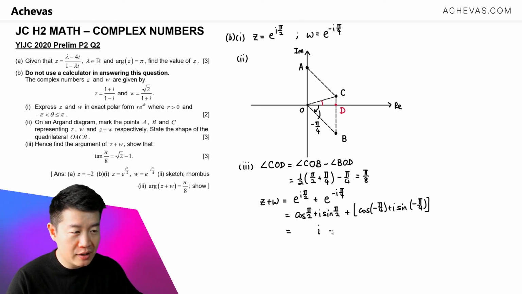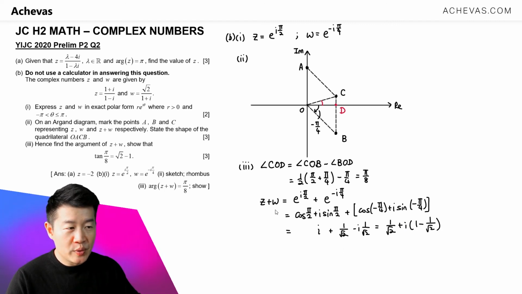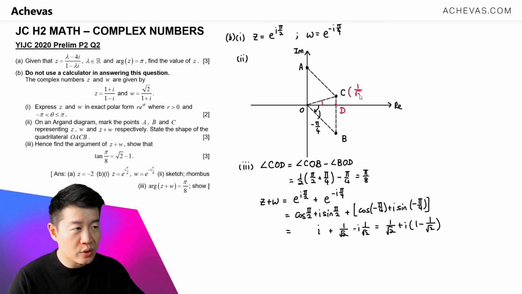So we have i, plus cosine minus pi over 4 is 1 over square root of 2. Sine minus pi over 4 is minus 1 over square root of 2. So minus i times 1 over square root of 2, which now I can re-express as 1 over square root of 2 plus i times (1 minus 1 over square root of 2). So for the point C, the x coordinate is 1 over square root of 2. The y coordinate is 1 minus 1 over square root of 2.